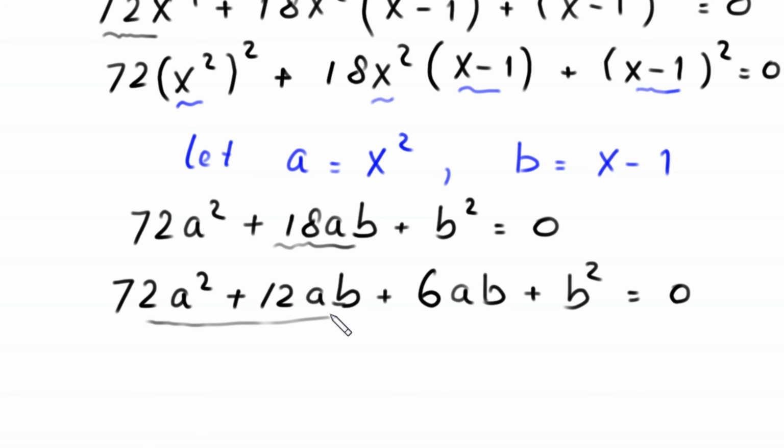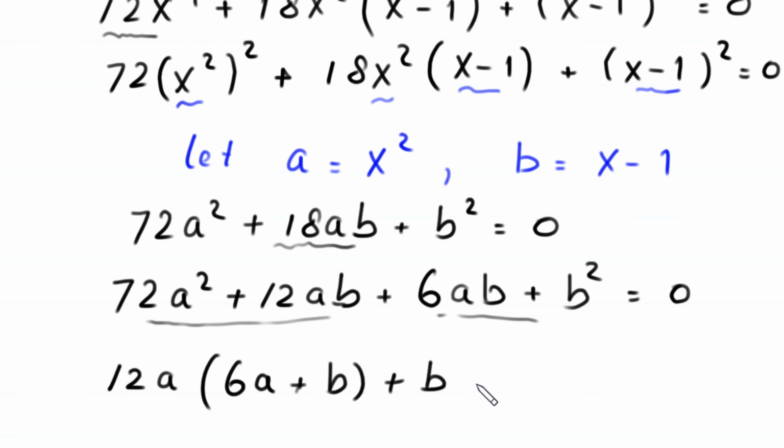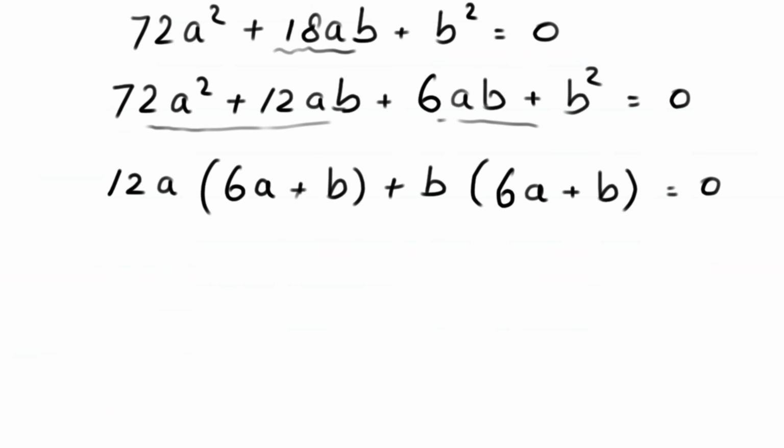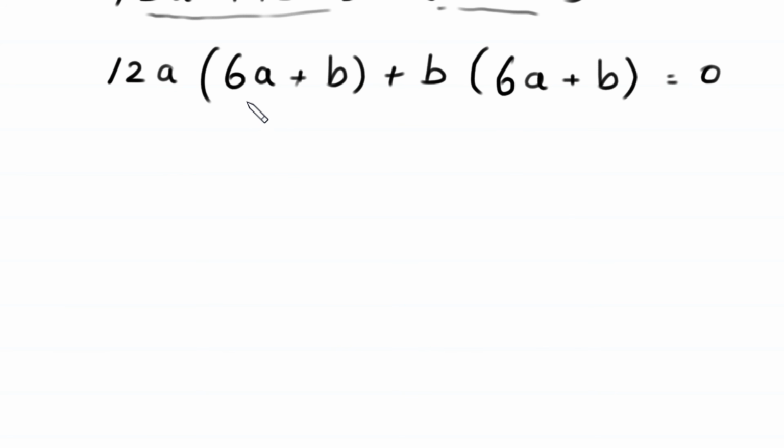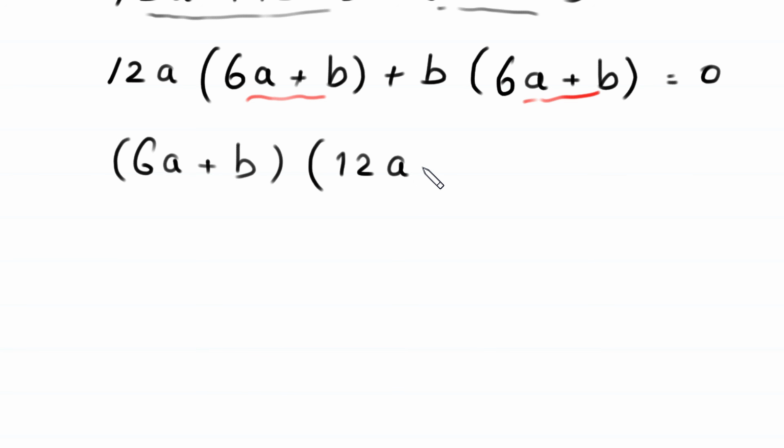From these two terms we can factor out 12 times a, in bracket 6a plus b, and from these two terms we can factor out plus b, in bracket 6 times a plus b equal to 0. Now this 6a plus b is a common factor, so we factor out this 6 times a plus b, and in bracket 12 times a plus b equal to 0.